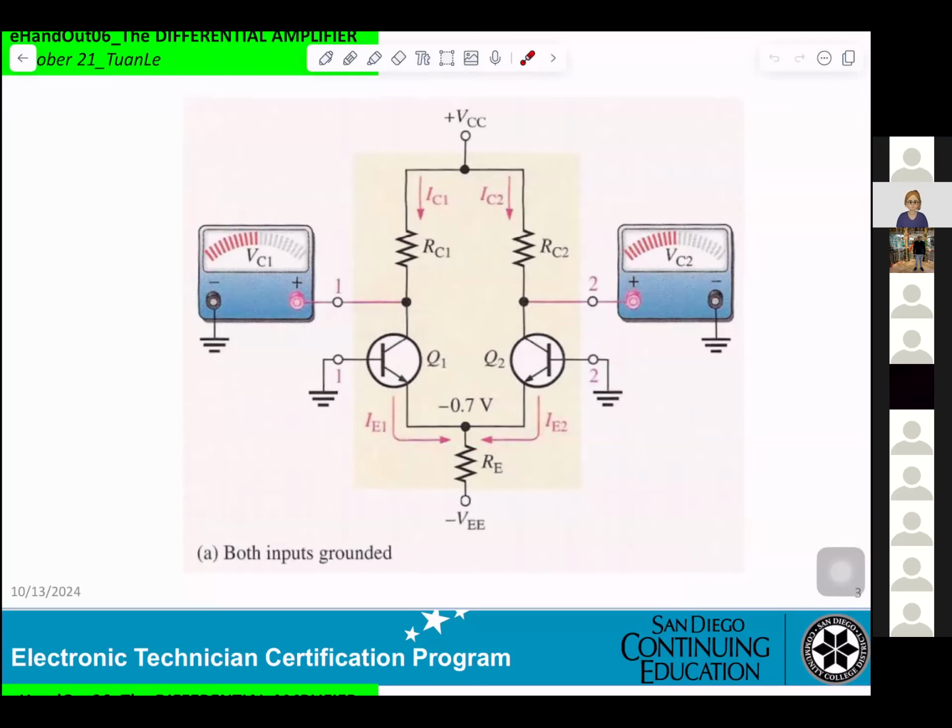That's an example. They do it and let you know. When both inputs are grounded, then the voltage at output Q1 and output Q2 will be the same.